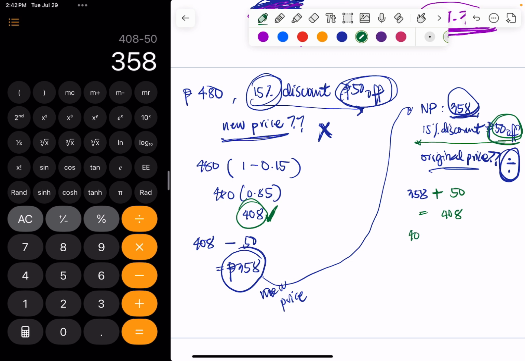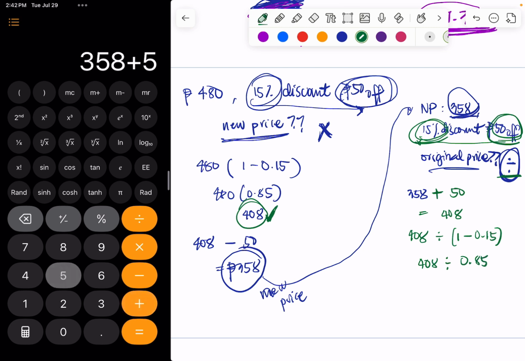Then 408, you apply next after 50 pesos off the 15% discount. So of course, division gihapon, so you divide it by 1 minus 0.15. So 408 divided by 0.85. Okay, so you'll have 480 pesos.